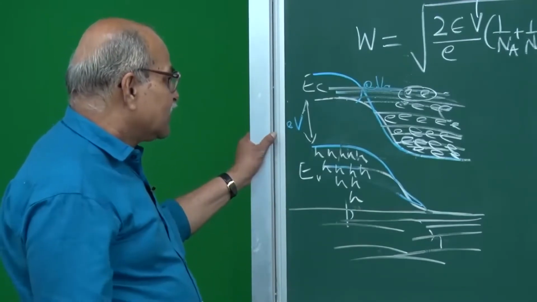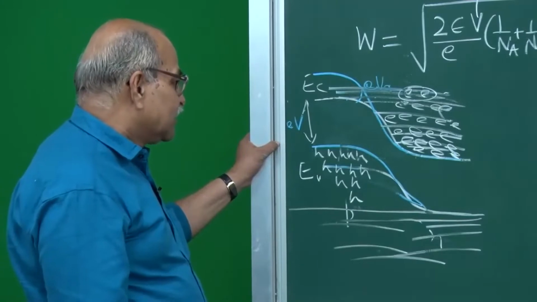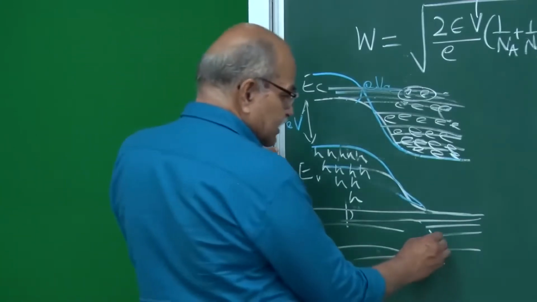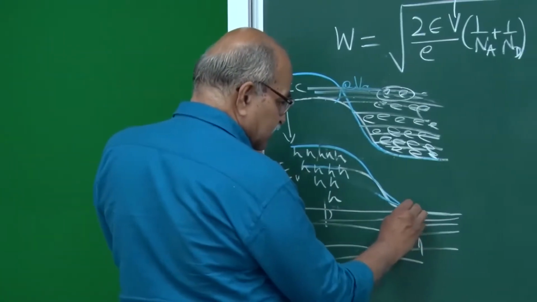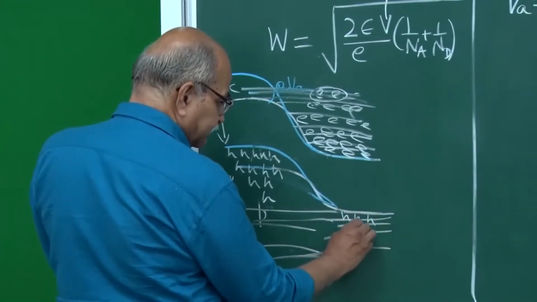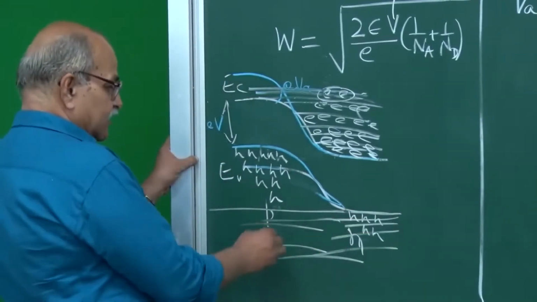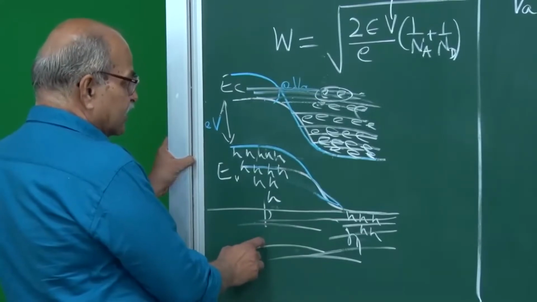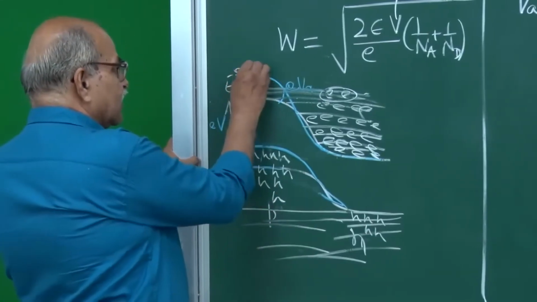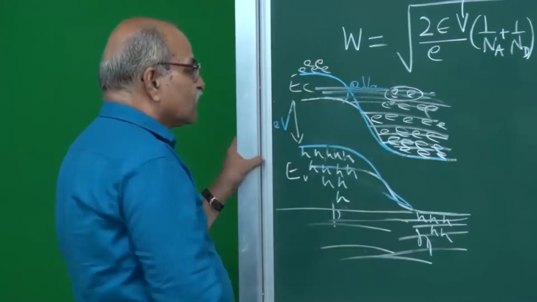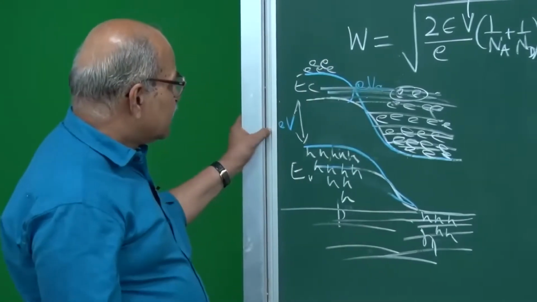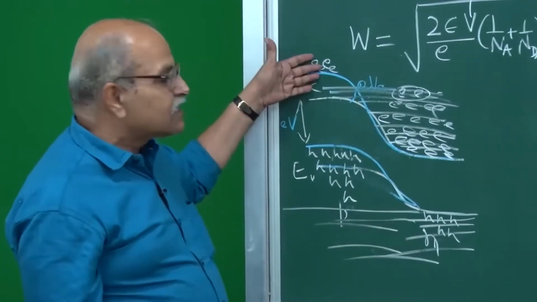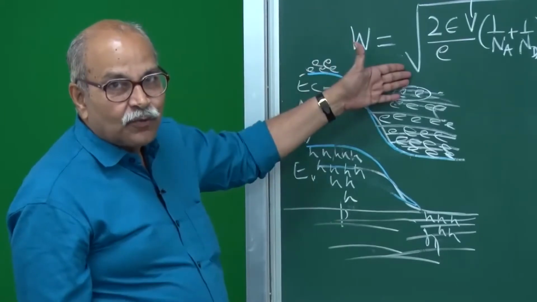Minority carriers. Now look at the minority carriers, what happens. Where are the minority carriers? In the n side, the minority carriers are holes, so these are the minority carriers. And similarly here in the p side, the minority carriers are electrons, so here are those electrons. And you can see that minority carriers can easily go.